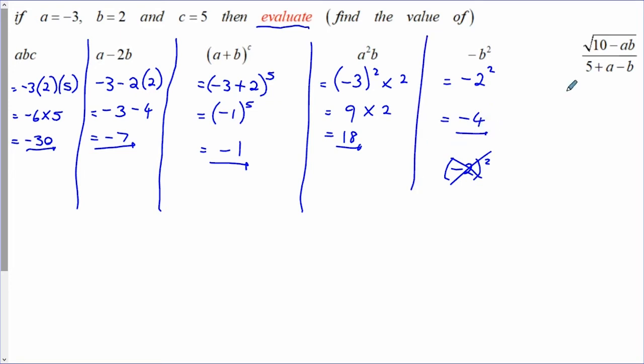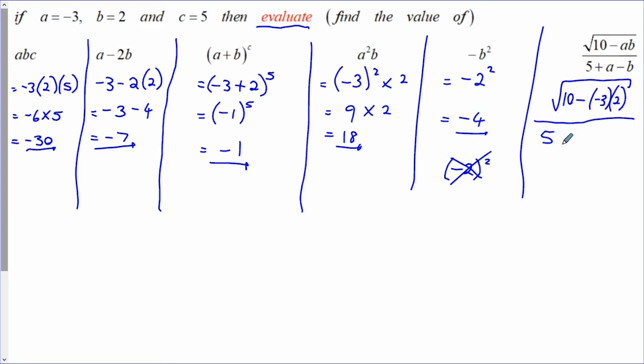Right, then lastly, the square root of 10 minus AB, well, that's going to be the square root of 10 minus negative 3 times by 2, right? And on the denominator, I've got 5 plus A minus B, right?